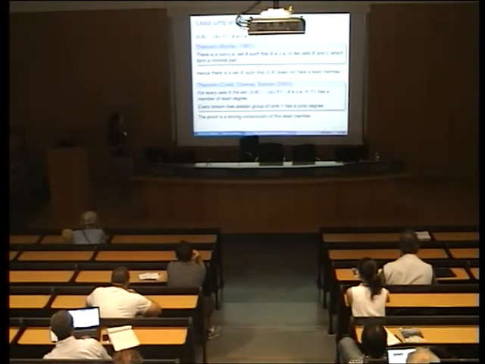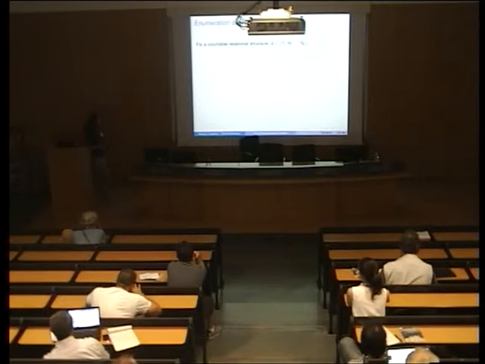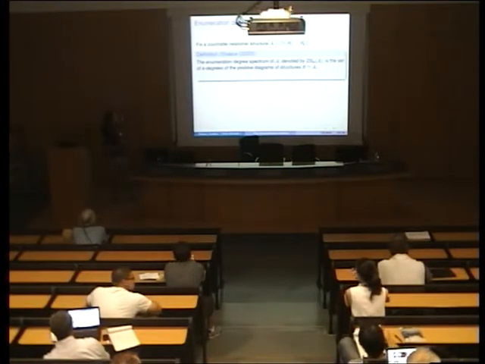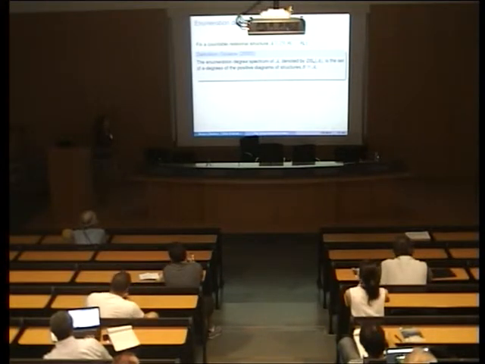Now, let's look at the same problem, but in the context of enumeration reducibility. So let's fix again a countable relational structure. And Soskova looked at enumeration degree spectrum. She defined this notion. So the enumeration degree spectrum of a structure A is going to be the set of enumeration degrees of positive diagrams of structures which are isomorphic to A. So we don't use the negative facts anymore.